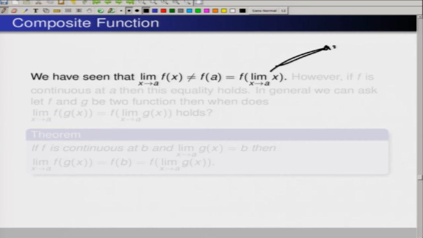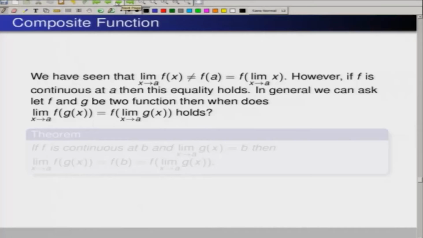So, here what we are saying, in other words, is that if f is continuous at a, then we are in a sense interchanging the limit and the function. That is what the continuity is saying. Interchanging means first you take the limit, then apply the function to that, or you apply the function on the x, then you apply the limit. So, you are interchanging the function and the limit. In general we can do that if f is continuous at a.